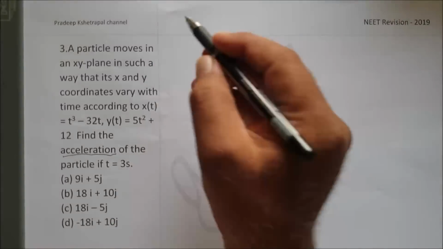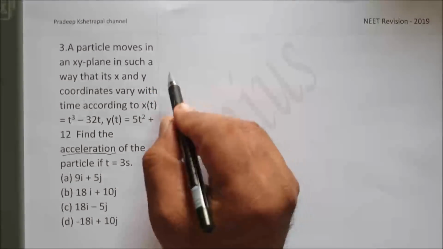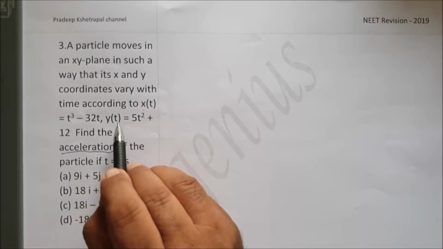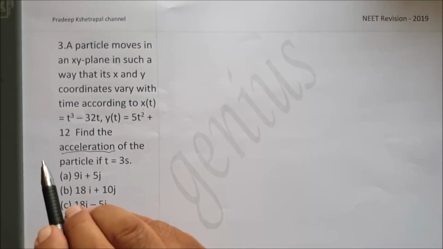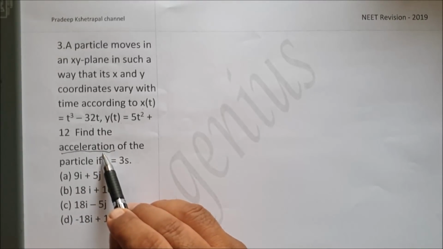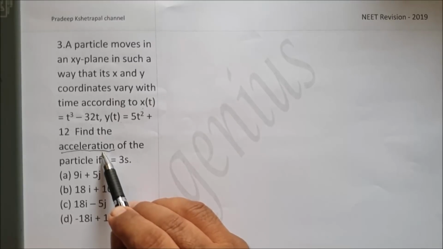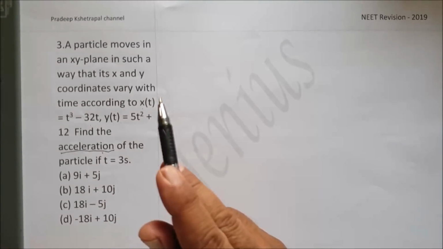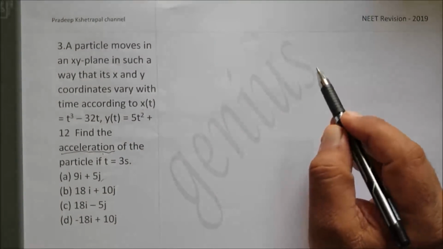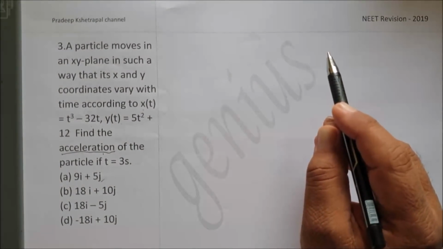First, we differentiate x. What is given to us? X displacement and displacement in y direction. What we will find out? Acceleration in x direction, that is carrying the vector i, and acceleration in y direction, that will carry the j. Okay, so let's find out the magnitudes of acceleration.